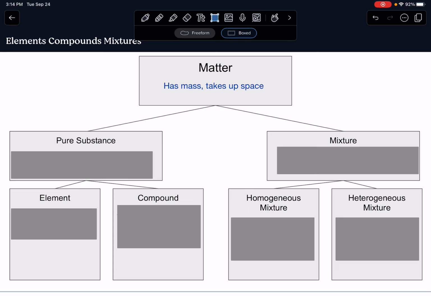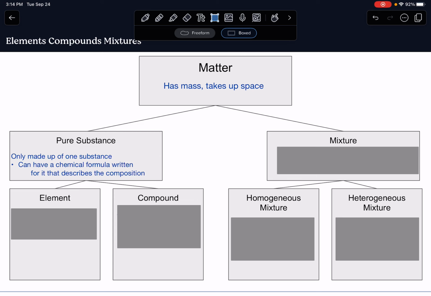And we'll talk about pure substances first. A pure substance is something that is only made up of one substance, which is why we call it pure. All pure substances can have a chemical formula written for it that just describes how that substance is made up. A chemical formula would be something like H2O, which is, of course, the chemical formula for water.